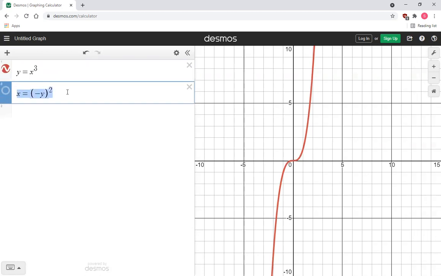But now I'm going to look and say, well, what happens if I go y equals negative x cubed? And we see, well, that didn't come out the same, but we didn't expect that to, right? Because plugging in negative x would have shown us that it was symmetric with respect to the y-axis.